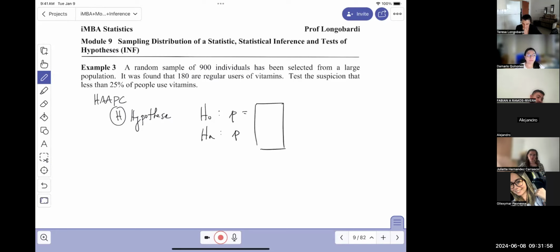Whatever number you put here, this is the null hypothesis, you're also going to put here. Okay? It translates down to here. The sign that you put here has to be different from equals. The options are that you're going to test against, this is the alternative hypothesis.